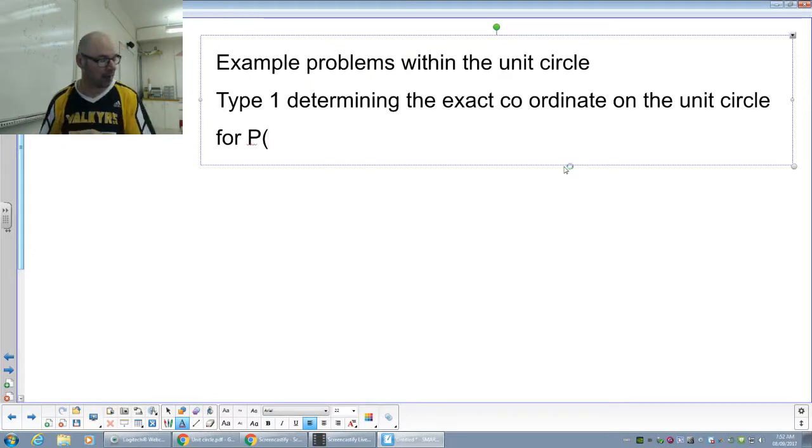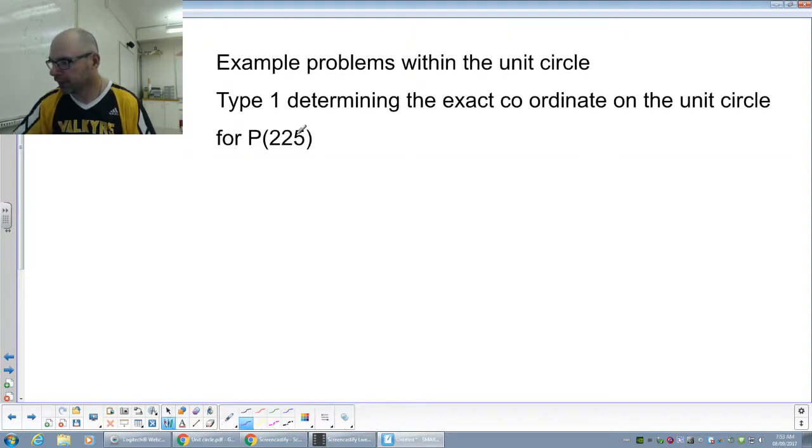So they might say, let's say, 225 degrees. I don't have a degree sign, so I'll write it in with a pen. Remember, if they put a degree sign, in that case we simply look these up.